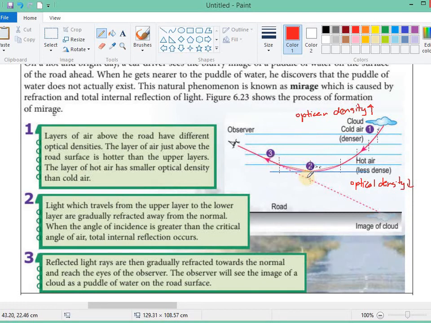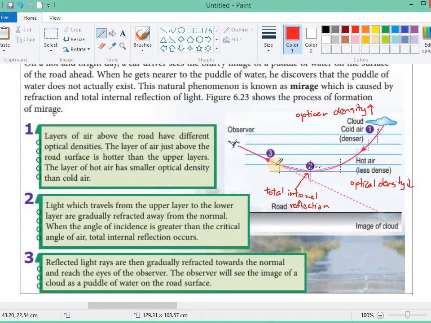So it will reflect, and the light will bend up. Then when it goes up, the light goes from low optical density to high optical density, so the light will become slower and it will refract towards normal. So it will bend upward like this and into the eye of the observer.